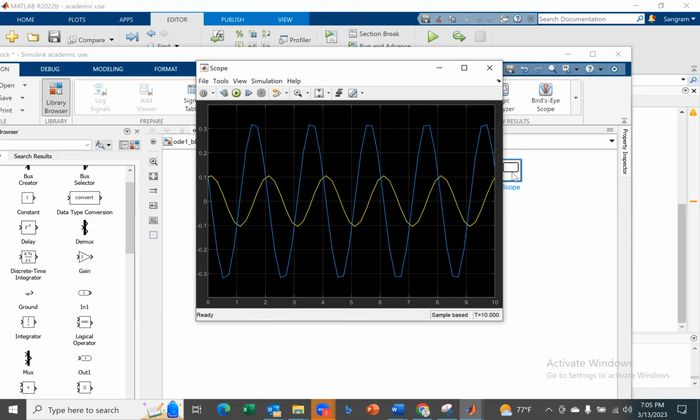Then fifth, find total kinetic energy, which is equal to T. Then six, find potential energy for each mass and link.